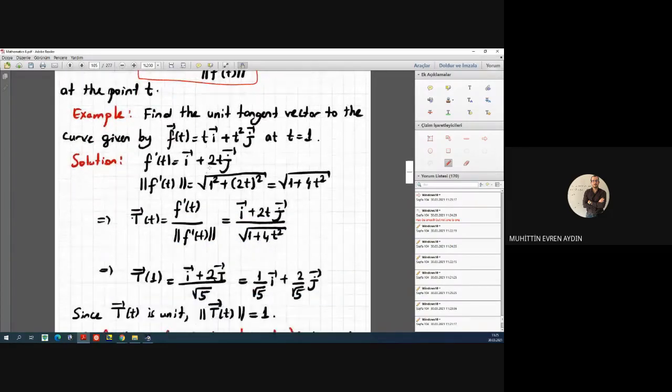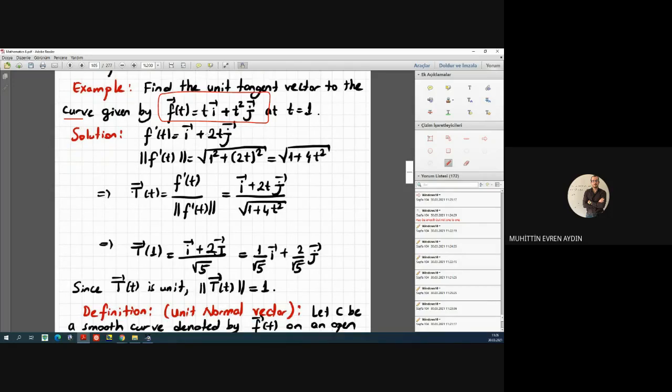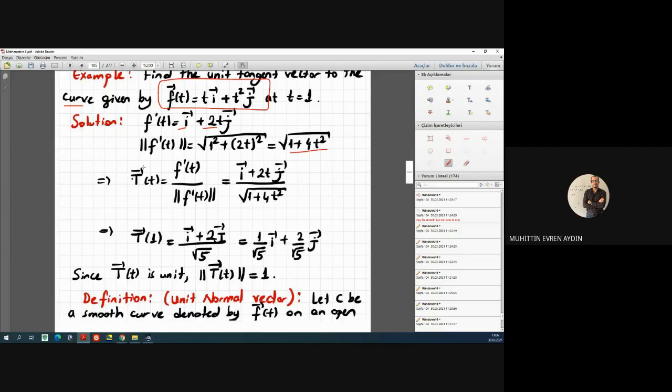An example. Our vector valued function f of t has components t and t square. Of course, we may assume that this curve is in a plane, and its first derivative is 1 and 2t, and its norm is the square root of 1 plus 4t square, and its tangent vector field is in that form.